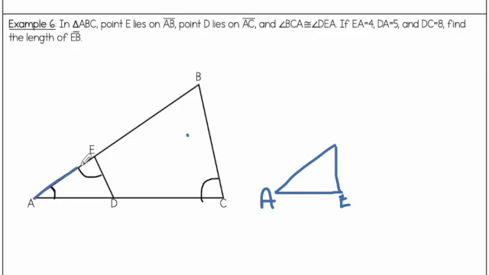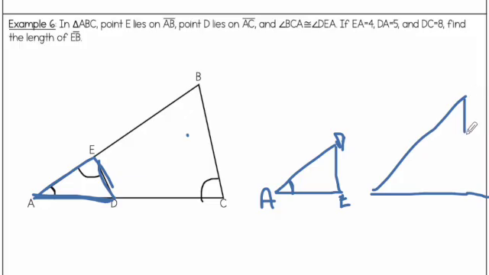And if you look at it, this isn't a right angle, but this is the hypotenuse, kind of. Okay, so we know that this angle is angle A. Okay, and this is B and C.